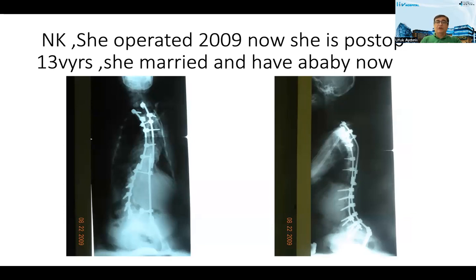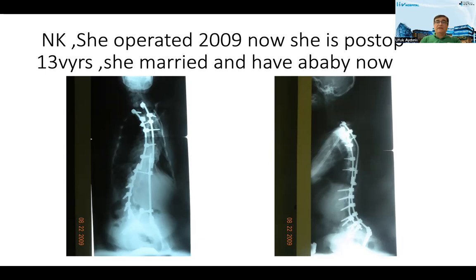I operated on her in 2009. I frequently see her. She married. She had a baby. Now I'm following her baby because of some problems. As you can see, with 13 years of follow-up, she has a very happy marriage and also a baby.